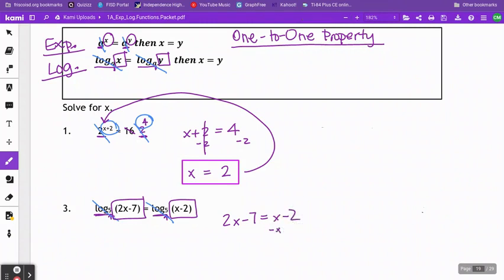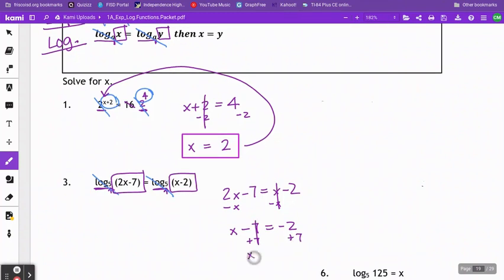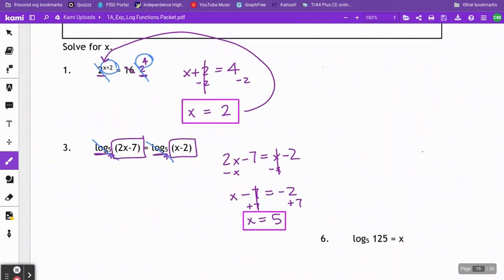So we're going to move the x over to the left and then add the 7 on both sides. So we end up with x equals 5. And then I could also check with my calculator if I wanted to plug 5 back into my original equation just to confirm that it's correct.